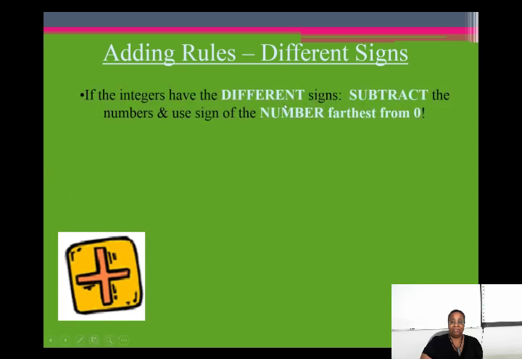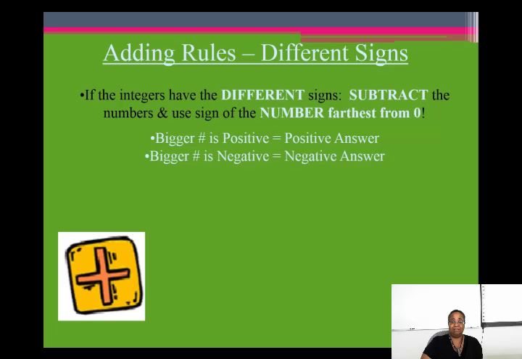If the integers have different signs, subtract, that's the difference, and use the sign of the number furthest from 0. So, if the bigger number happens to be positive, your answer will be positive. If the bigger number is negative, then your answer will be negative, because that means you're on the negative side of the number line.